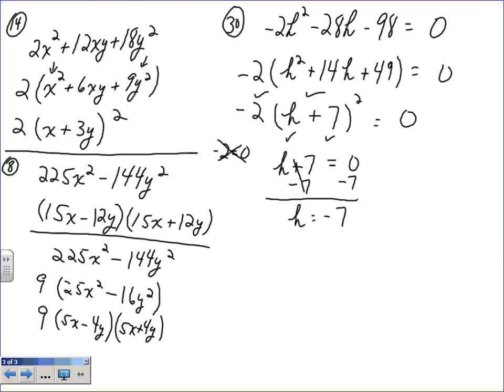Yes. All right, let's take a look at number 20. Read that for me, Colin. 45r squared minus 120rs plus 80s squared. Okay. Can you tell me what number goes into all three terms? All right. So we take a 5 out.